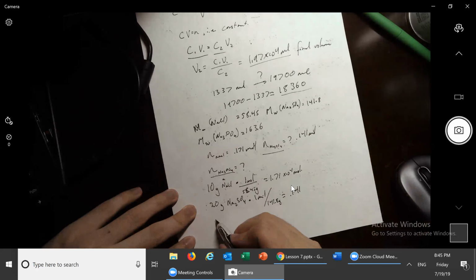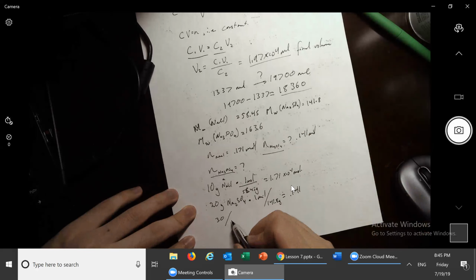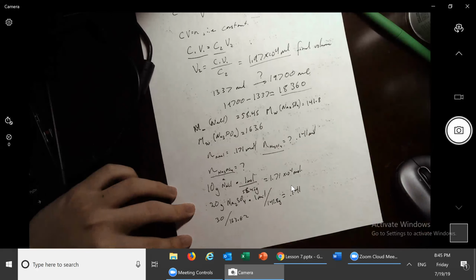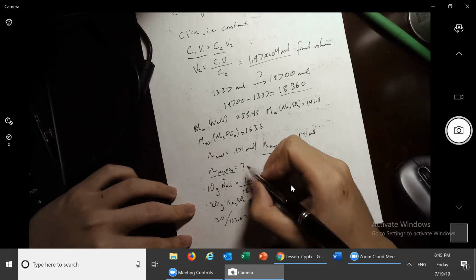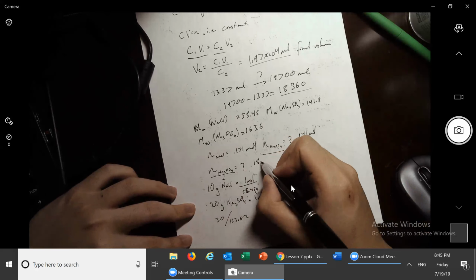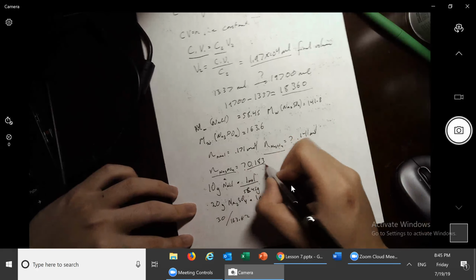And we just do the same thing. So 30 divided by 163.6 equals... okay, so we have our three numbers.